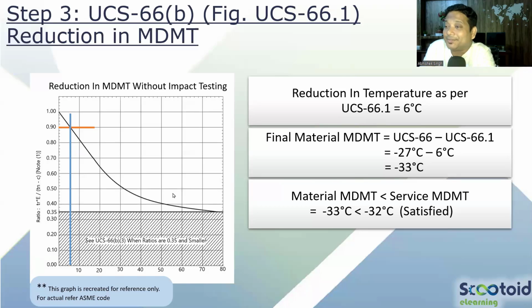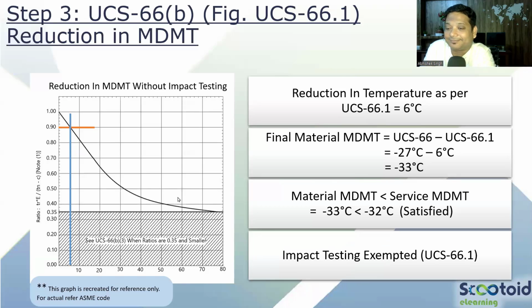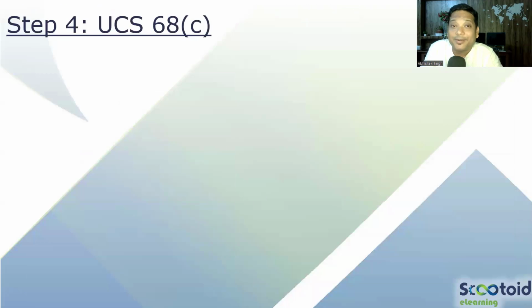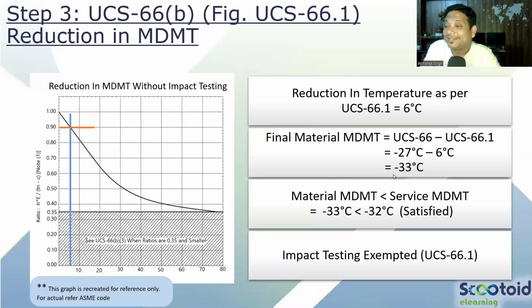Right? So which one? If PWST is not required, but for any reason, by client or because of service, you are doing it, then the exemption is permitted. So it is not mandatory by means of UCS 56 by thickness. Apart from that, if you are doing it, you can take that exemption. Now coming back to the question, which temperature will you use for the reduction?